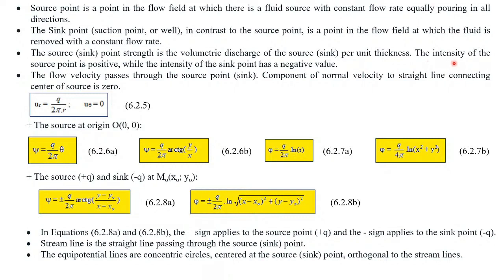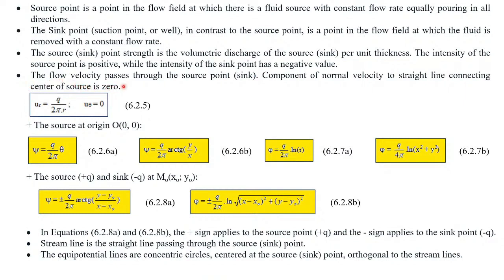The intensity of the source point is positive. Now you know for the source point the value is positive, and for the sink point the value is negative, but the intensity is the same. Only the sign is different. For the source point the sign is plus. For the sink point the sign is minus.